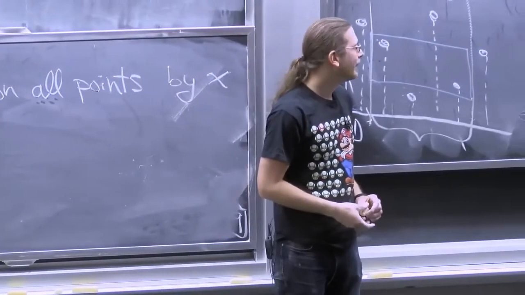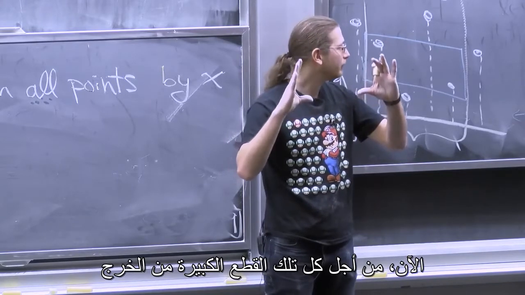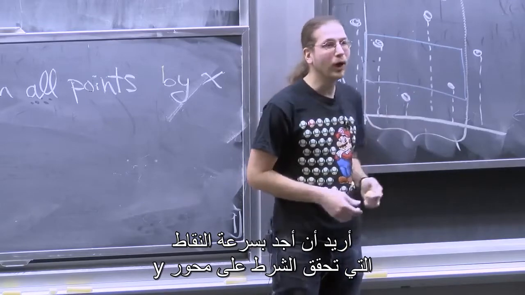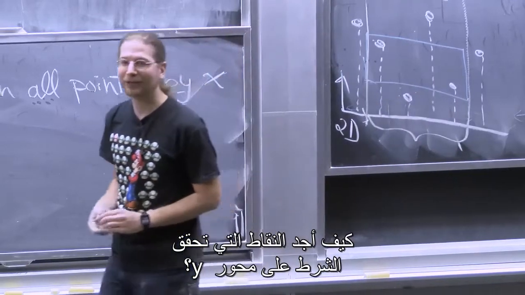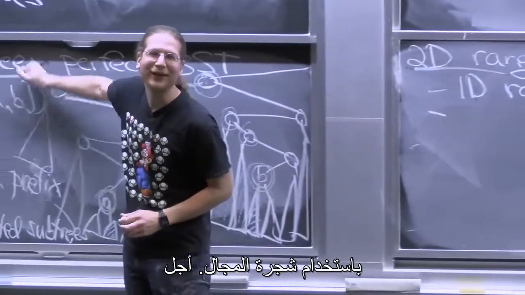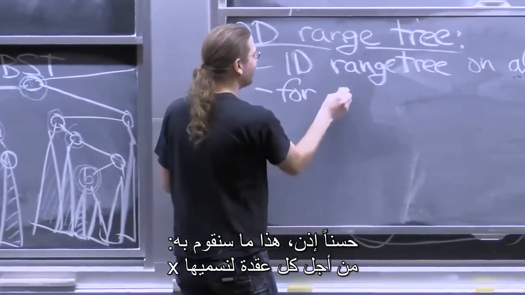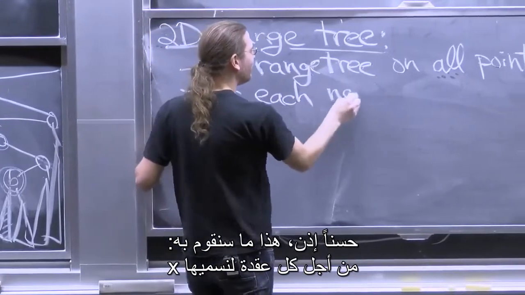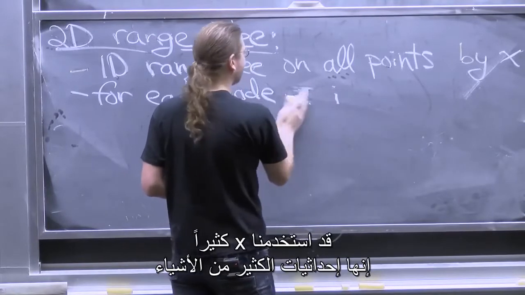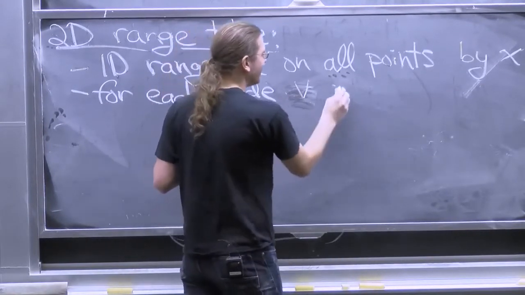So now for that big chunk of output, I want to very quickly find the ones that match in y. How would I find the ones matching in y? A range tree. Yeah. OK, so here's what we're going to do. For each node, let's call it v, since x is overloaded; it's a coordinate, so many things.